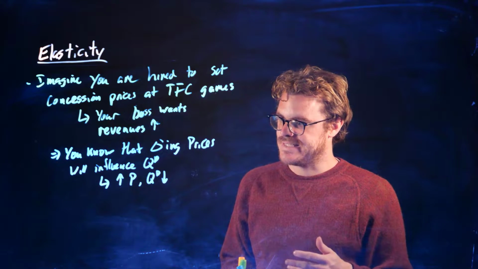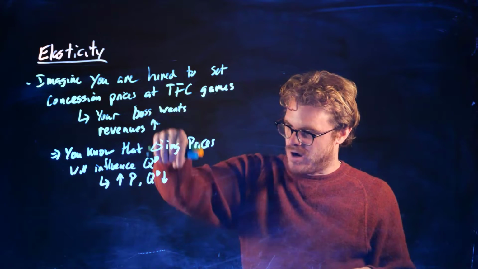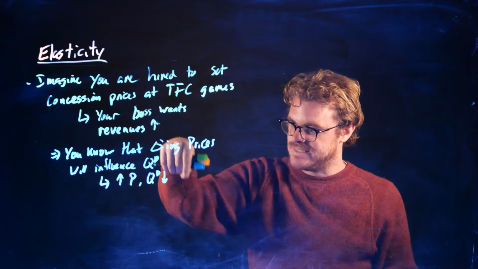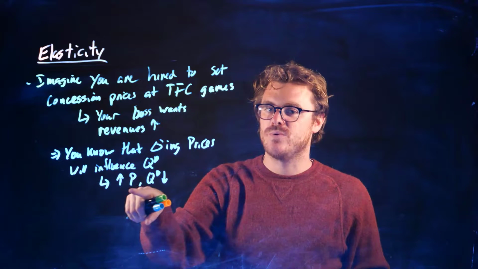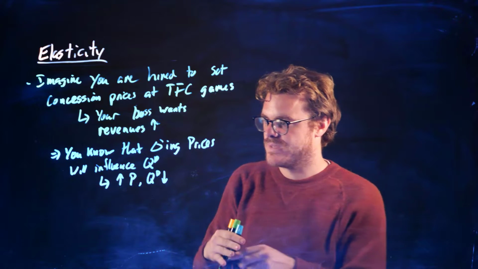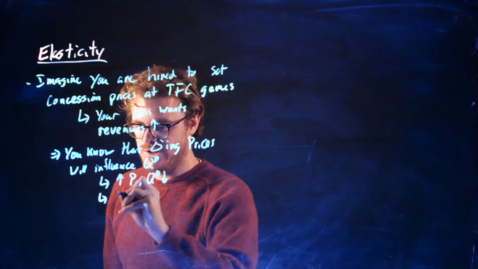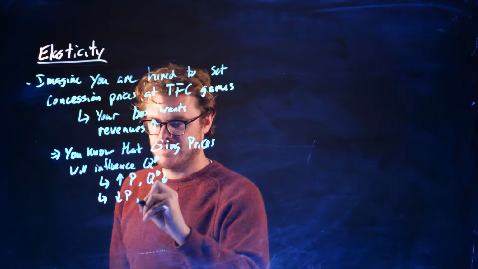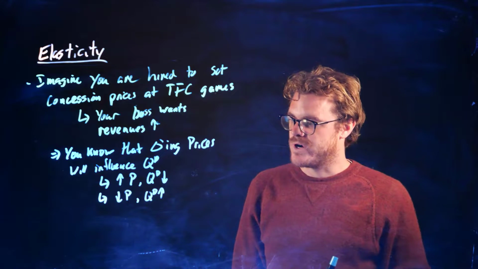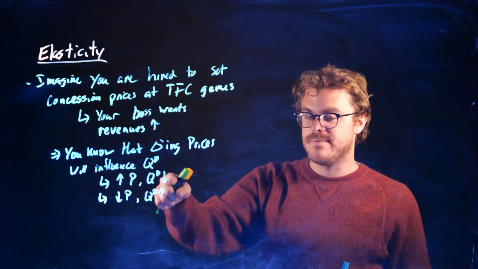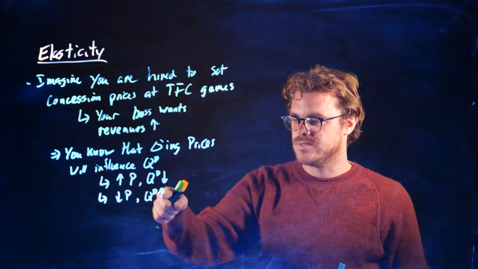There's two things happening: the amount that we're going to sell, the quantity demanded, is going to go down, but the price we get for each one we sell has gone up. We also know if we lower the price, then the quantity demanded is going to go up. So we're not going to make as much per unit, but maybe we sell more units.